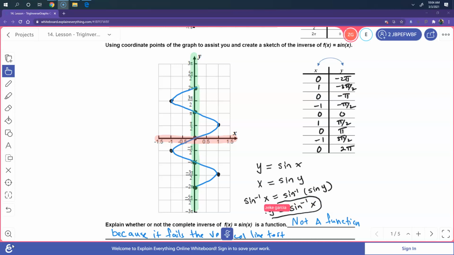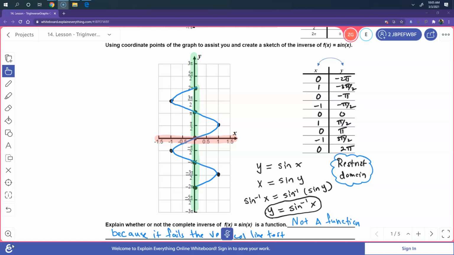Now, in order for this to be classified as a function, we have to restrict the domain. So let me write this down: restrict domain. The domain will be restricted between negative 1 and 1.